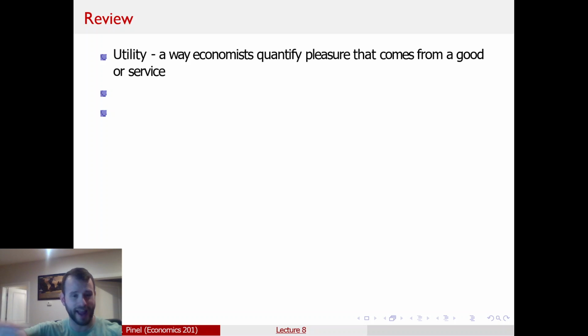You might prefer 100 bananas to 100 beers, even though you prefer one beer to one banana, because the utility functions might be a little different. Maybe your utility for bananas is always going to be 5, but your utility from the second beer might be 1, and your utility from the third beer might be negative, right? Because you get drunk, you might actually be displeased by drinking extra beers.